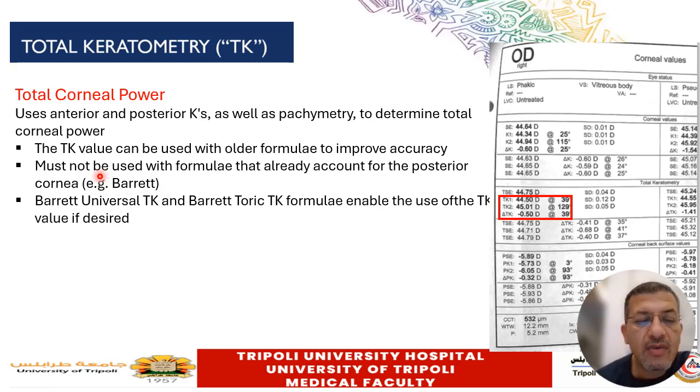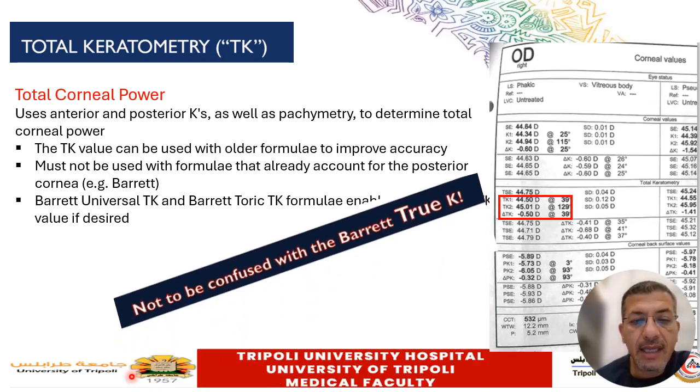The problem arises in abnormal corneas, like post-LASIK, post-keratoplasty, or keratoconus. In these cases, the consideration of the TK is very important. There is a difference between using the TK or the K value. However, in normal eyes, there is no statistical difference, as I will show you in the next slide.